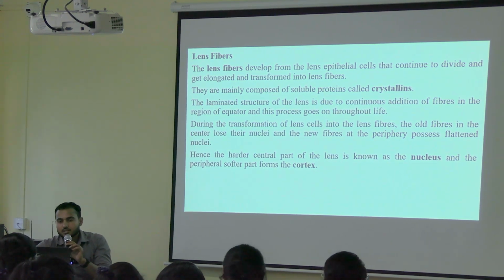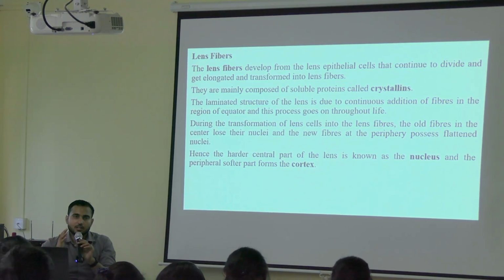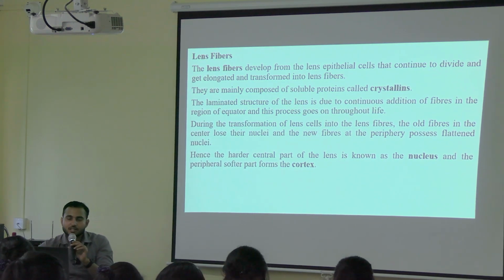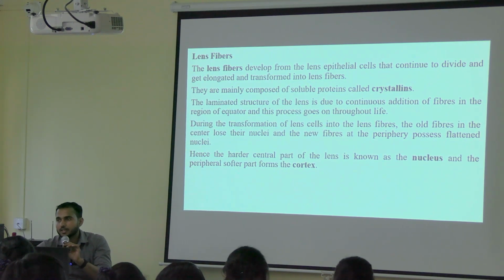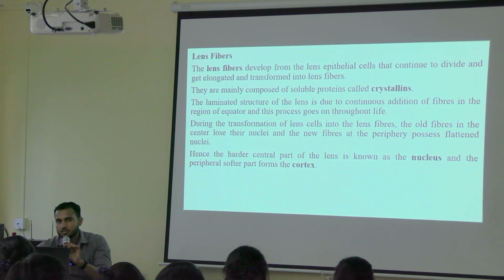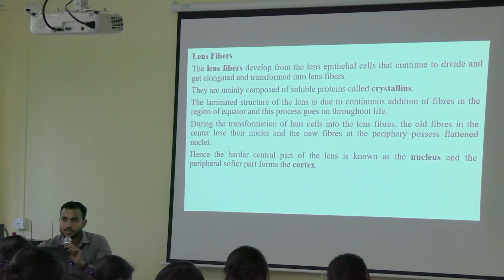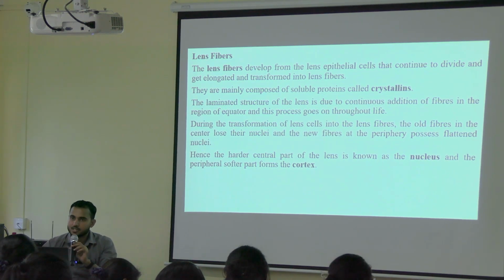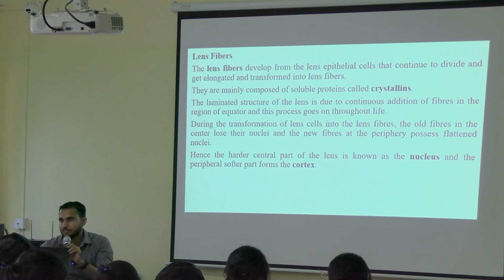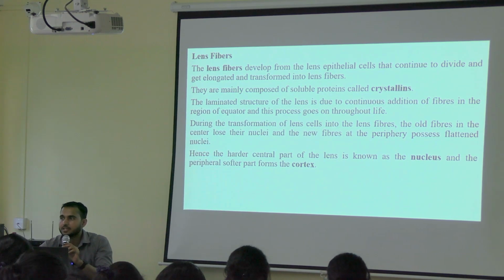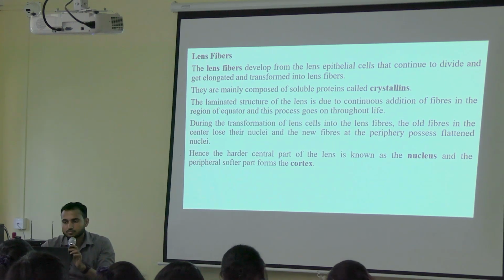Okay. Next, if you see the lens fibers, how are they arranged? They are arranged in a laminated structure. What is the meaning of laminated structure? One over another, because continuously lens fibers are forming from the lens epithelium. That's why when you see the fibers, they are in a laminated pattern, means layer wise.